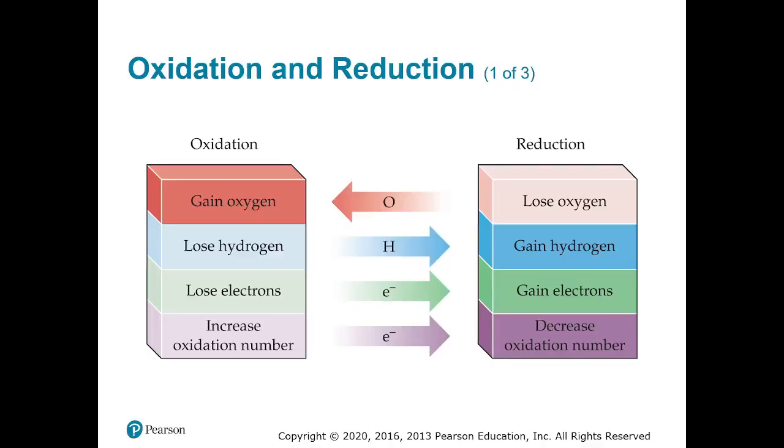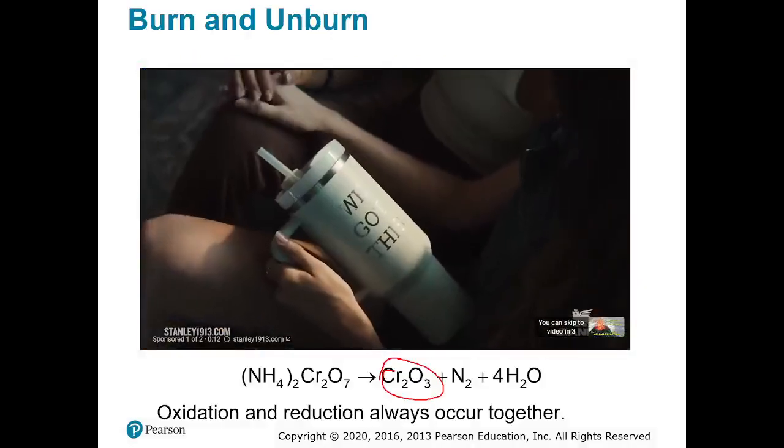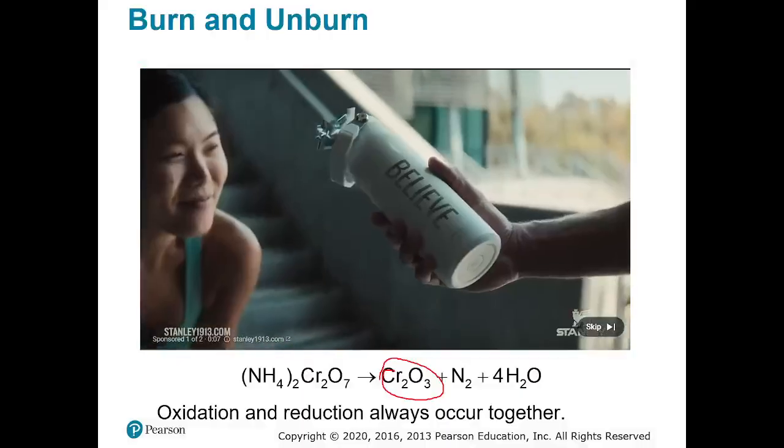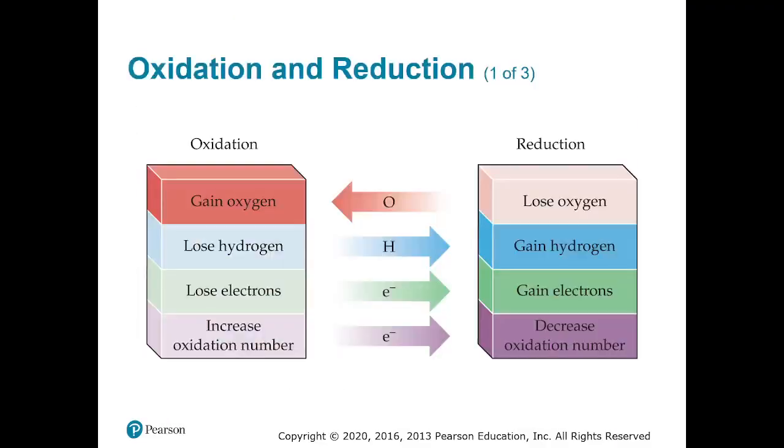So if you go to products and you've gained an oxygen, you'll see over here, we got more oxygens and fewer hydrogens on the right side than on the left side. Gaining an oxygen is a hallmark of an oxidation. If we lose an oxygen, this is a hallmark of a reduction. That's something that has been reduced.